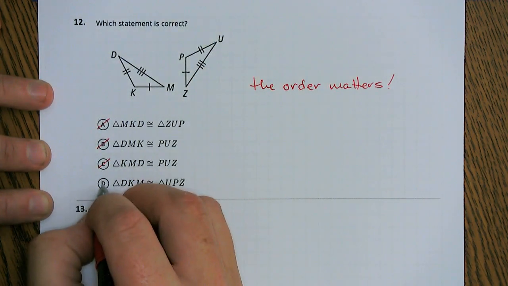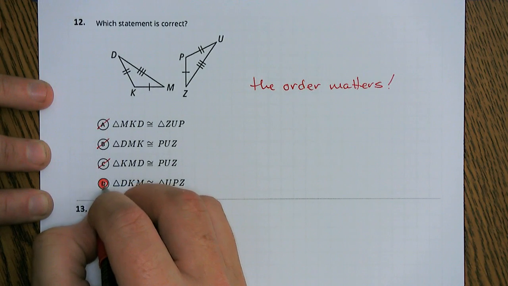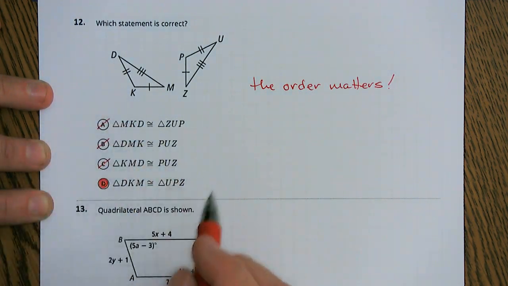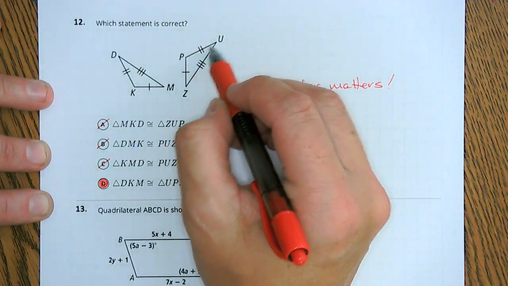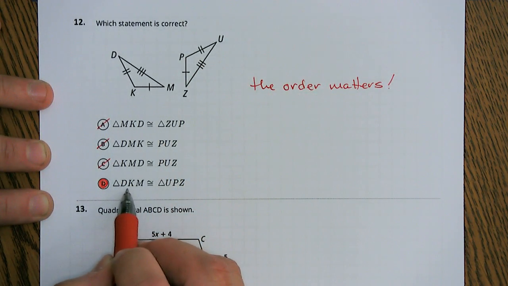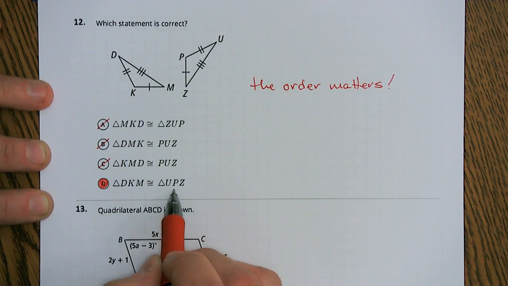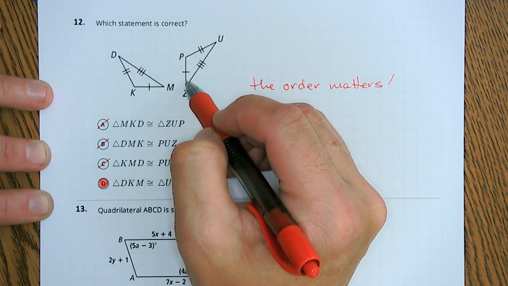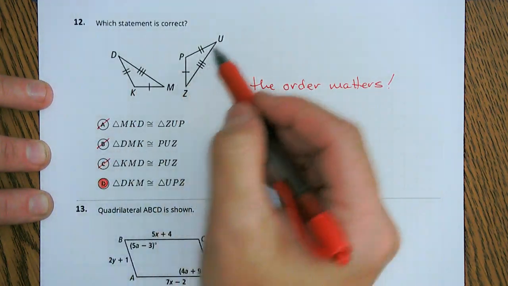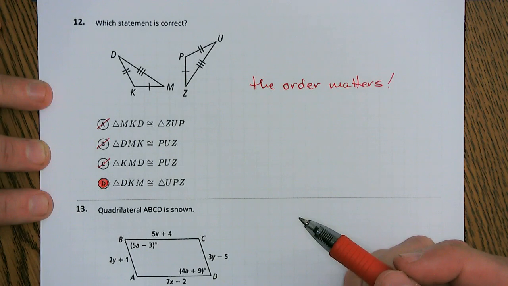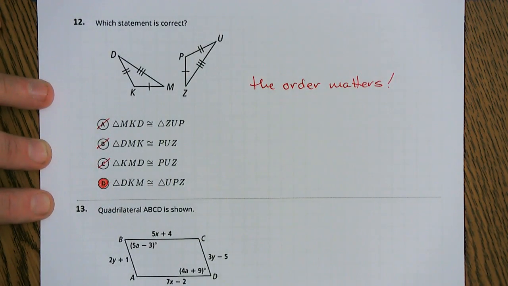Can't be C, it's gotta be D. But let's just verify here. DK has 2, UP has 2. KM has 1, PZ has 1. So that means that the third side would have to automatically be congruent by side-side-side congruence because we've already got 2. So this is why it's D.